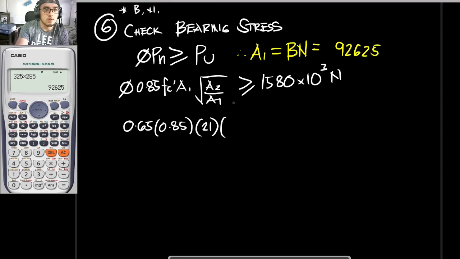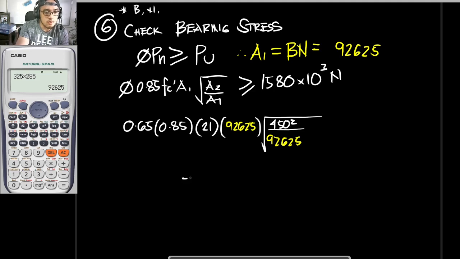So this is 92625, then meron ko ulit dito 92625. Times the square root of ano yung area 2 natin? That is 450 squared.